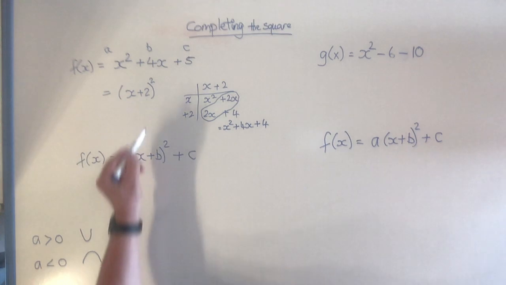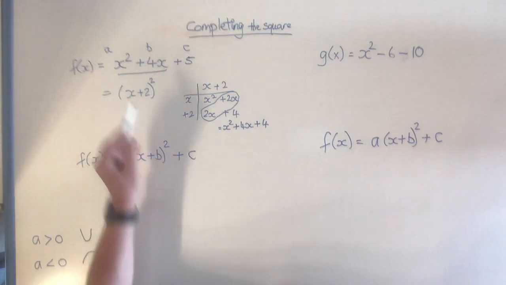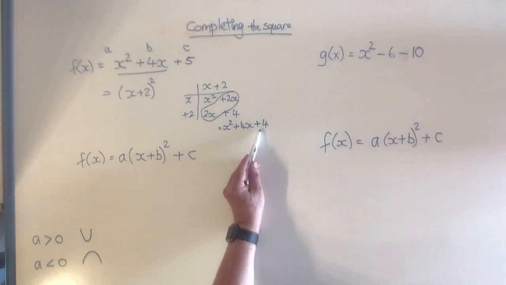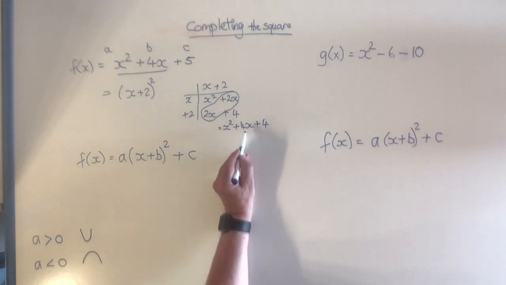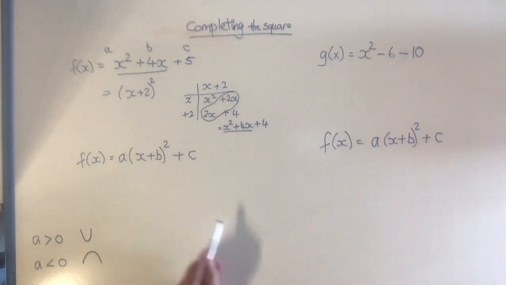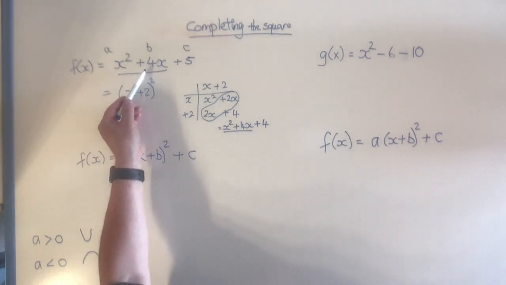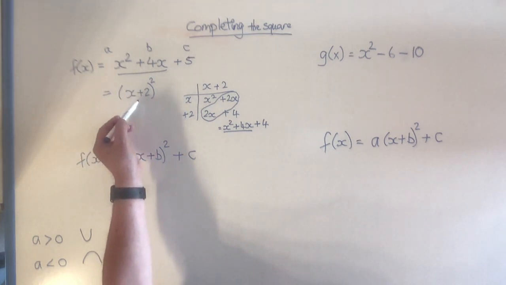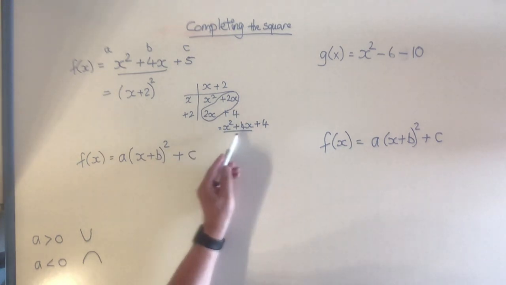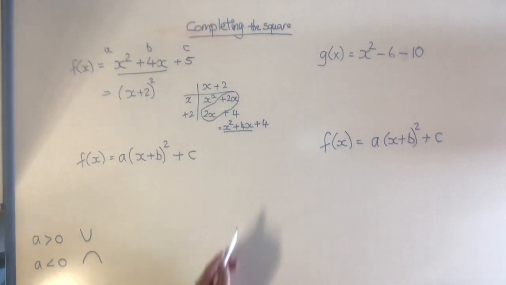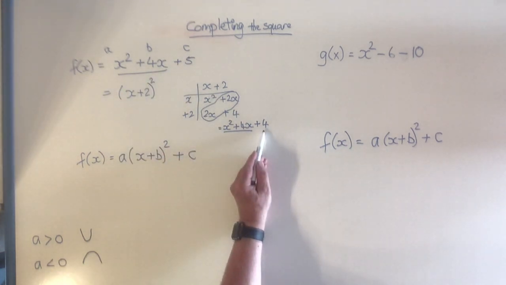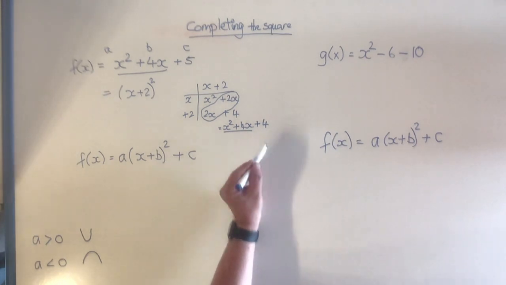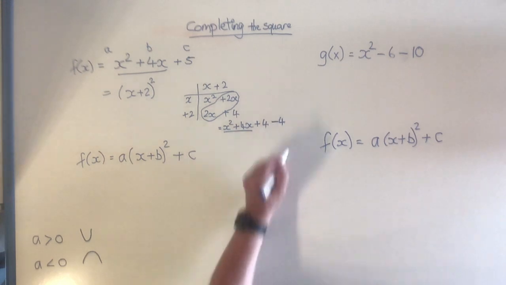Now, we were only concentrating on this bit, and we can see that we've got 4 too much. When you half that value, stick it in a bracket, square it, and multiply it out, you will always get these first 2 terms, but we've got 4 too much. So we have to take 4 away to compensate for it.